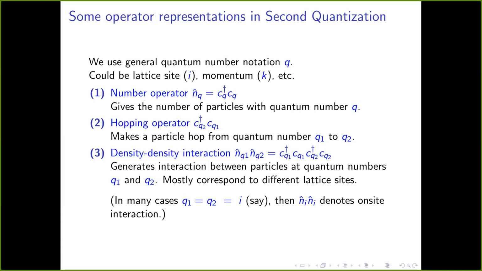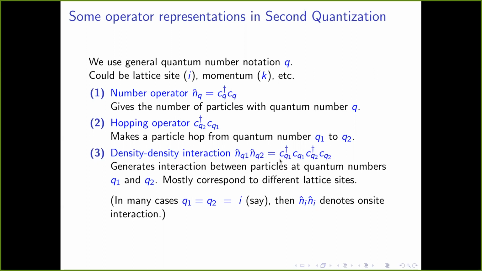It's better to visualize it in terms of lattice sites. So if I write c dagger i, c j, then it means a particle is hopping from the jth site to the ith site. And then I will introduce interaction in some later slides, and specifically density interaction I will be talking about. These are denoted like a product of two number operators, that is, four creation or annihilation operators.